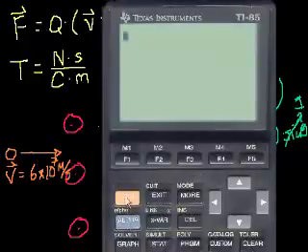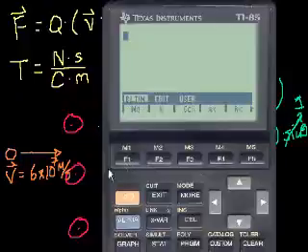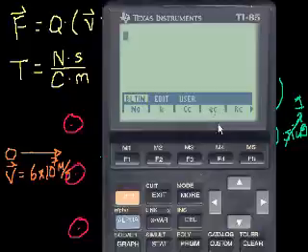If you press second and constant, that's second and then the number 4, they have a little constant above it, you get their constant values, and you say the built-in. I care about the built-in function, so let me press F1. They have a bunch of interesting constants, this is Avogadro's number. This is the charge of an electron, which is actually the same thing as the charge of a proton. So let's use that.